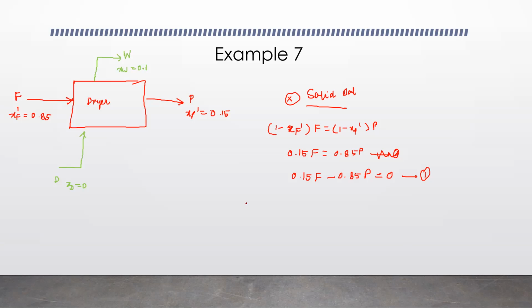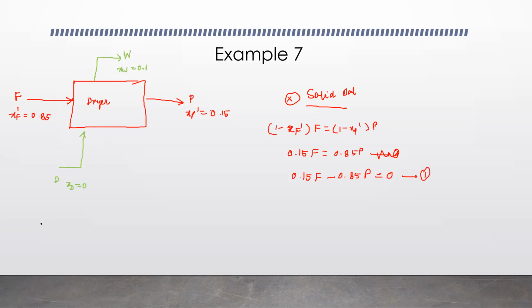Now they have given information about air. Dry air contains no moisture, and wet air contains moisture. Let's not go for the moisture balance because moisture is contained in all 4 streams, so it could be a little complicated. Let's go for the dry air balance.